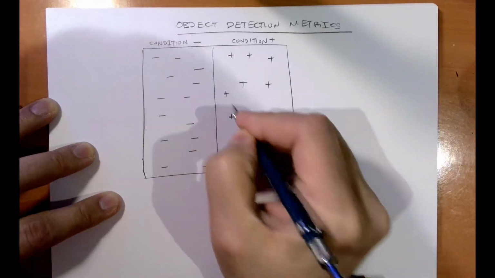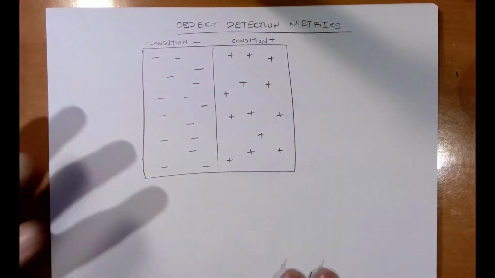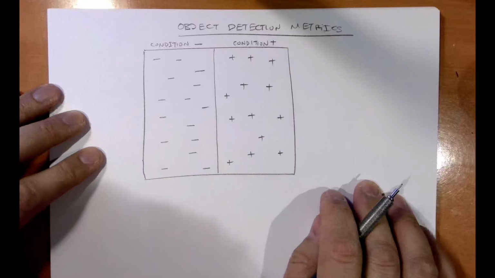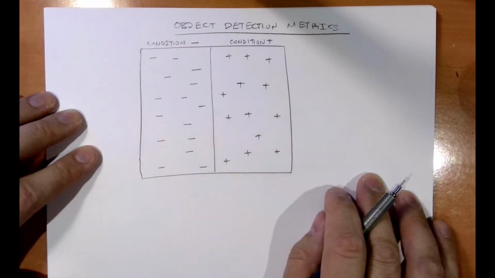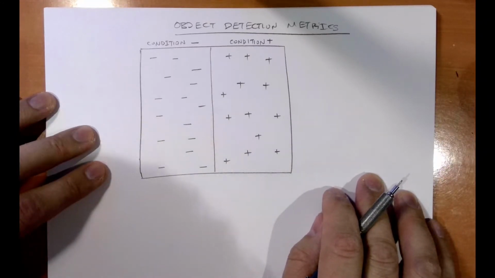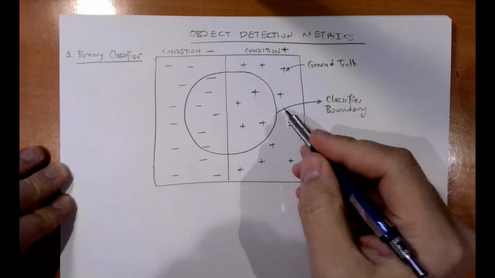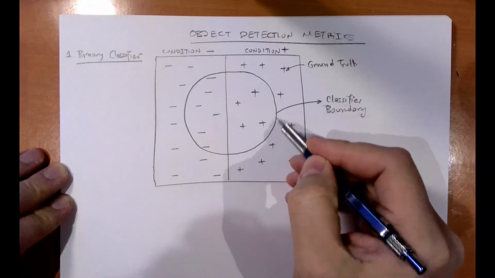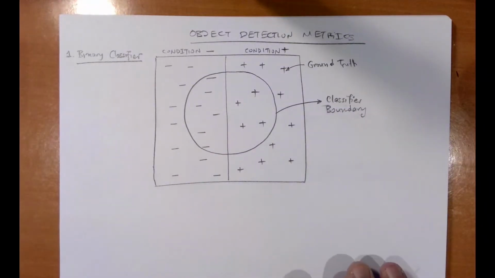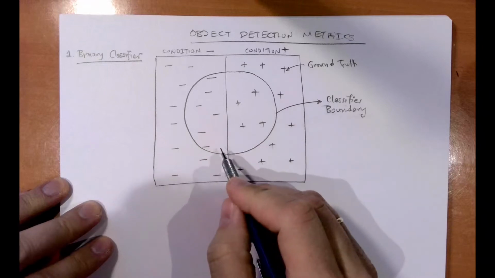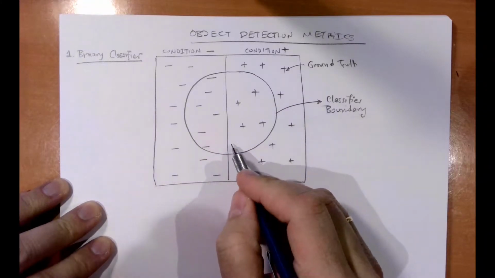The positive events are the ones that satisfy the condition that is to be tested, and the negative events don't. So we can also plot a boundary here, which is represented by this circular line that effectively separates the correct classifications that a classifier did from the incorrect ones.